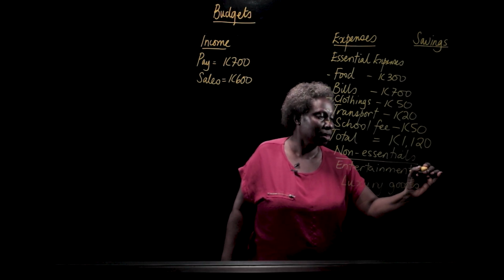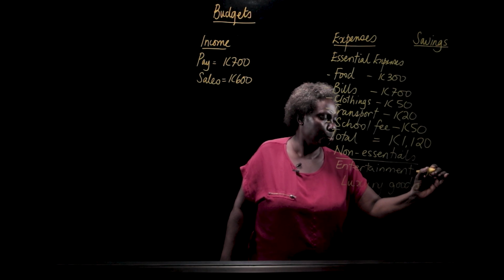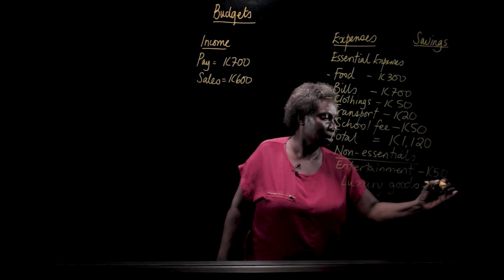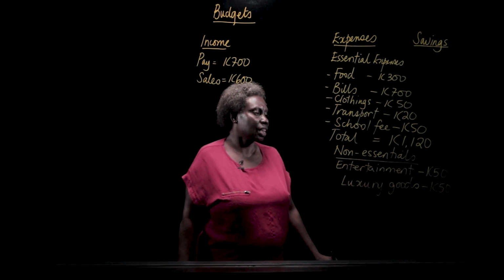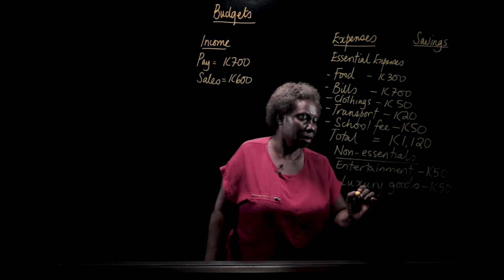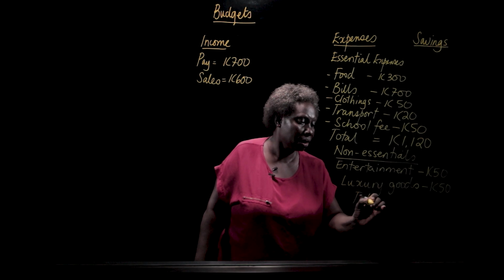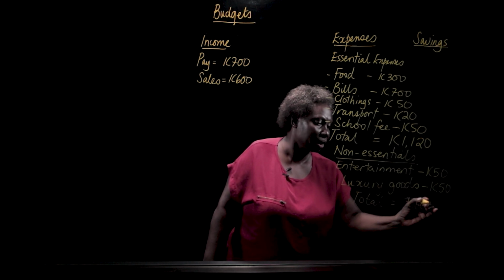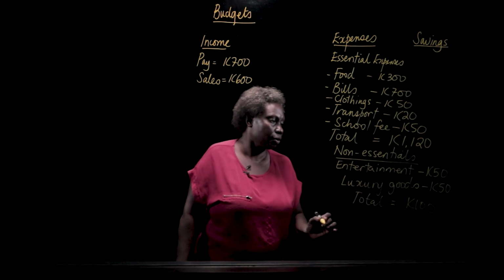For entertainment, he puts aside 50 kina. For luxury goods, he puts aside 50 kina. And that gives us a total of 100 kina.